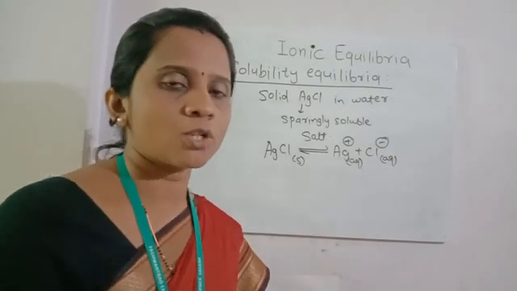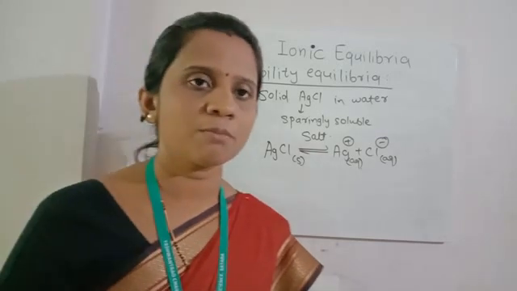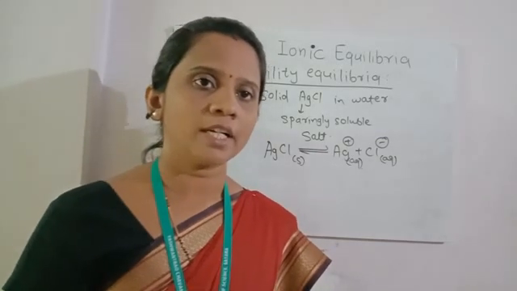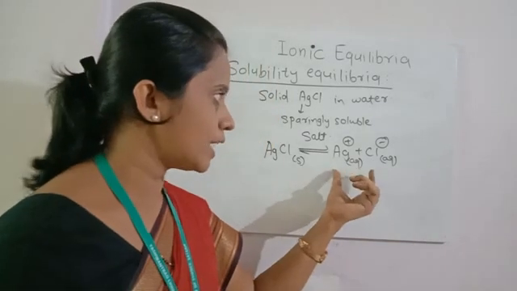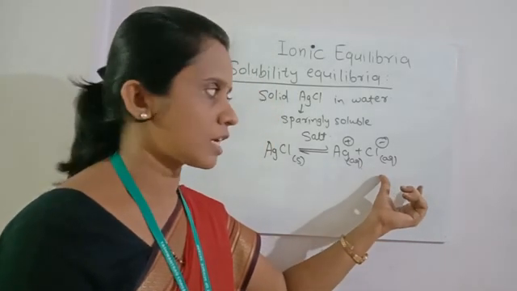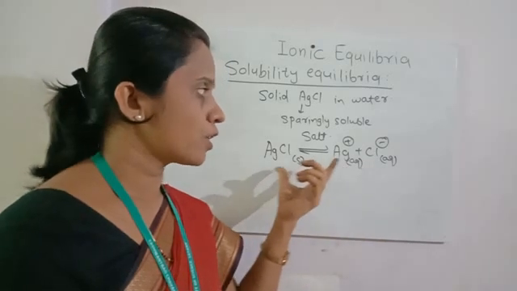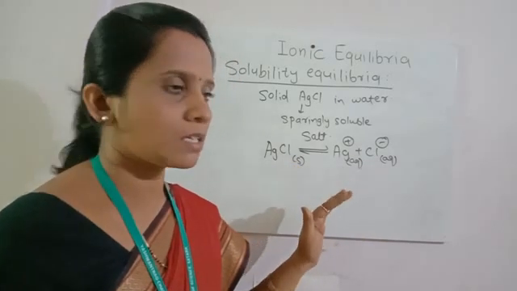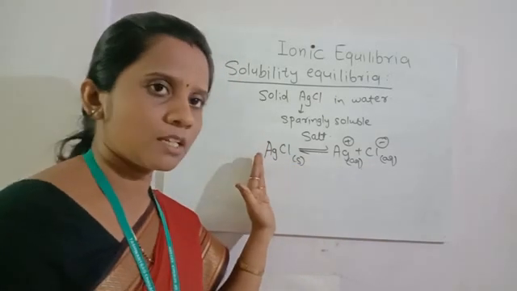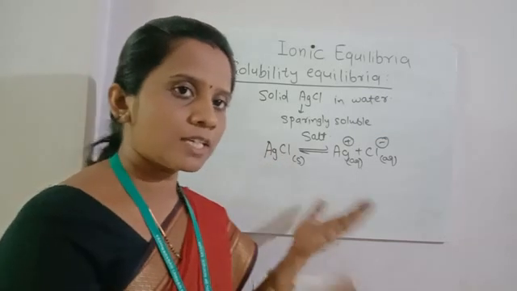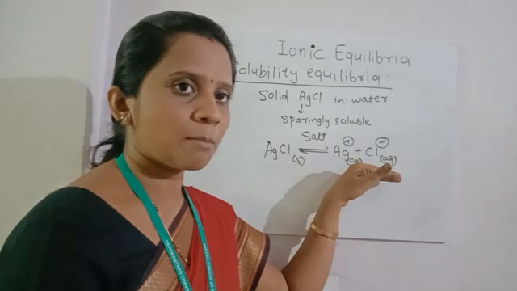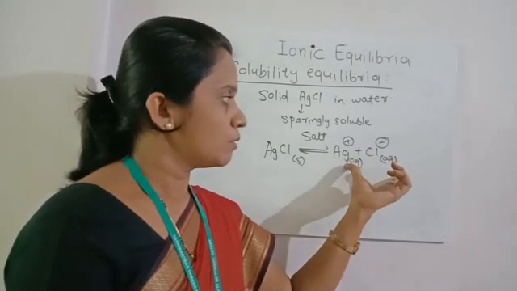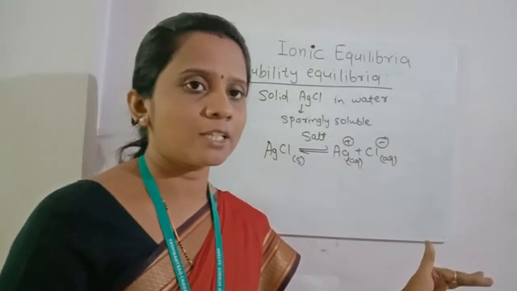When dissociation of AgCl takes place, there will be formation of a saturated solution, and that saturated solution contains what? Ag plus and Cl minus ions. Okay. So a dynamic equilibrium exists between the solid AgCl, that means AgCl which is not dissociated, and Ag plus and Cl minus ions from the saturated solution.